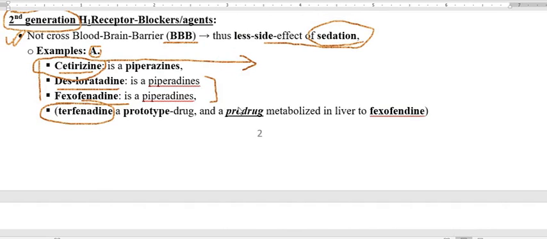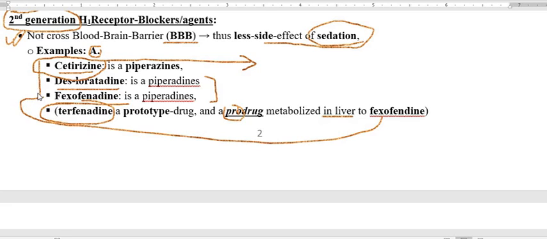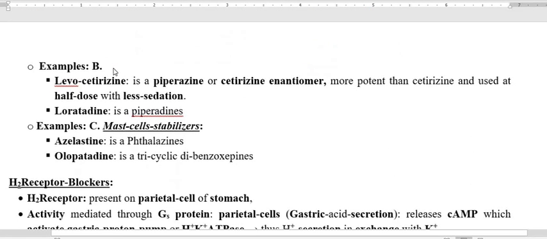A prodrug means the drug is inactive and is converted into the active form after metabolism by the liver enzyme, and it is converted into fexofenadine. So fexofenadine is the active metabolite of terfenadine. This is all about the second generation H1 receptor antagonists under class A.